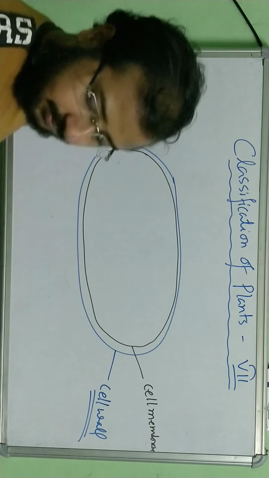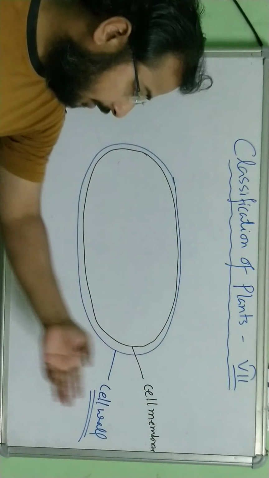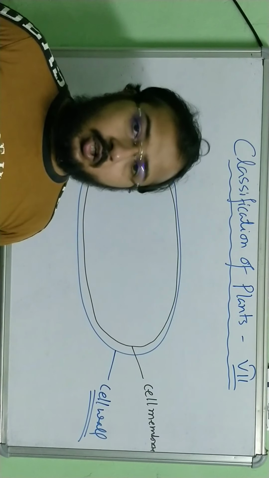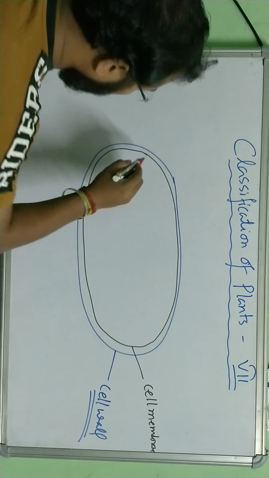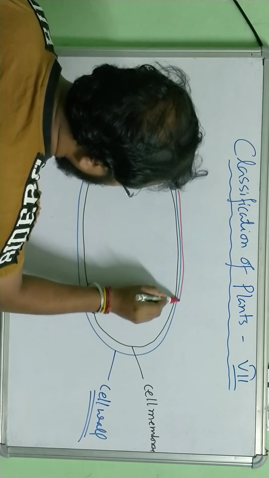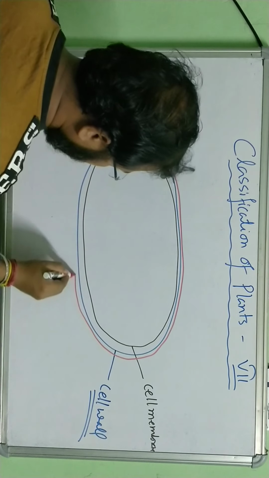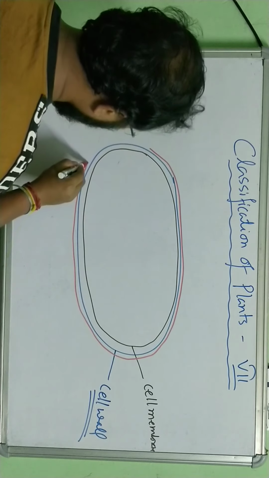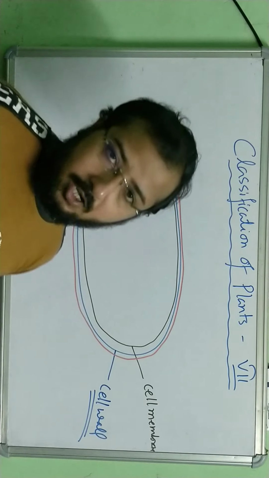Now a very important coating is there over the cell wall. It's a proteinaceous coating over the cell wall. We cannot say it's a separate layer, it's just a coating over the cell wall.